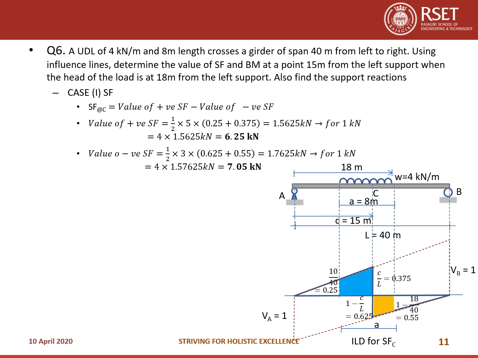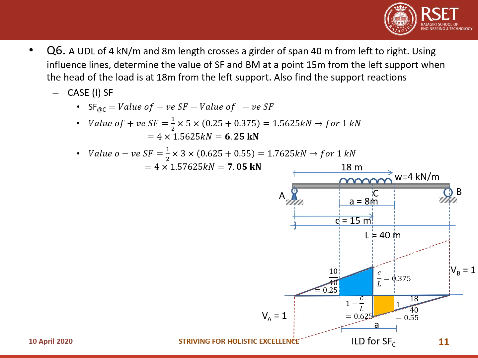Now how will you get the maximum negative shear force? Half into 3, that is W into 3, the base. 5 meters is to the left of section C, and 3 meters to the right of section C, because the head is at 18 meters and section C is at 15 meters. So to the right it is 3 meters, right?